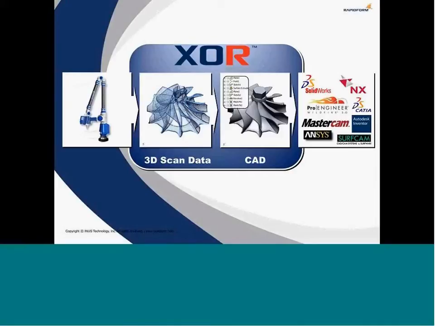Then we create a mesh from that point cloud, and we can create a CAD model using a parametric CAD kernel within RapidForm. And then we can live transfer this parametric CAD model to 3D CAD applications like SolidWorks, Pro Engineer, Unigraphics, or at least at the moment Siemens NX, and other things like AutoCAD Inventor.